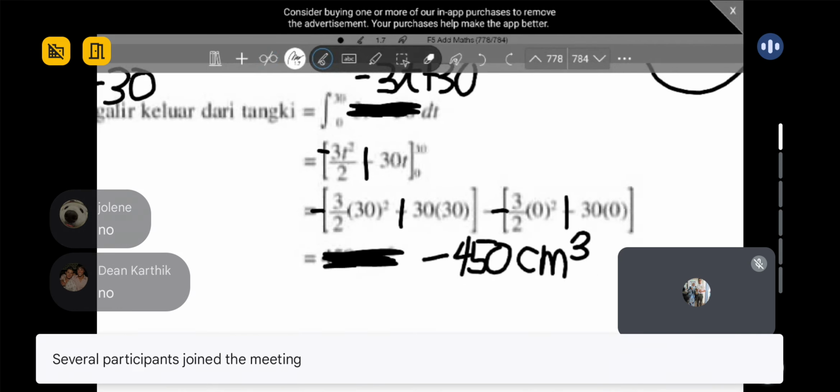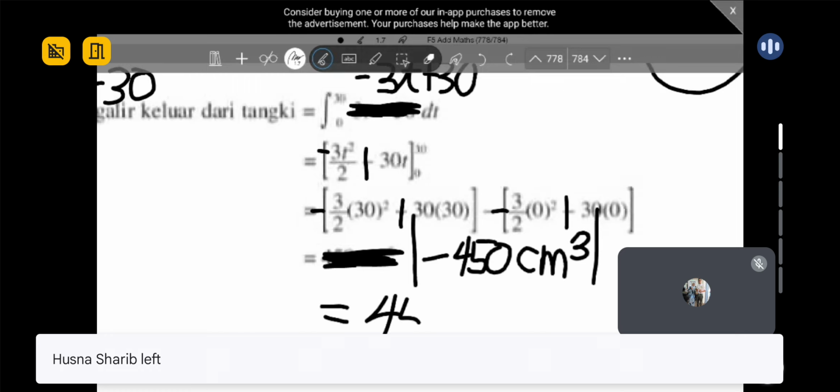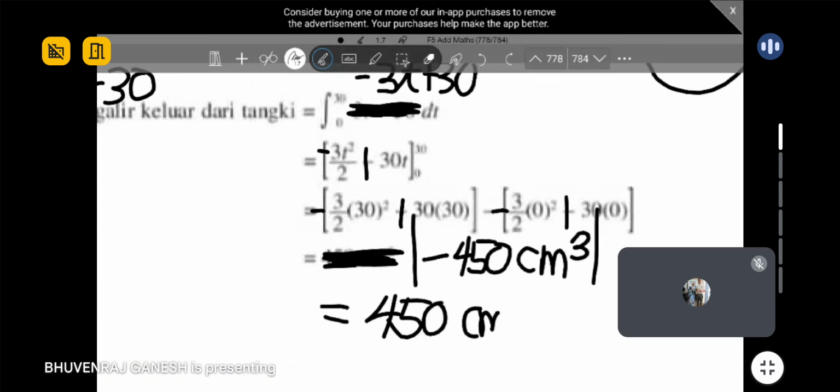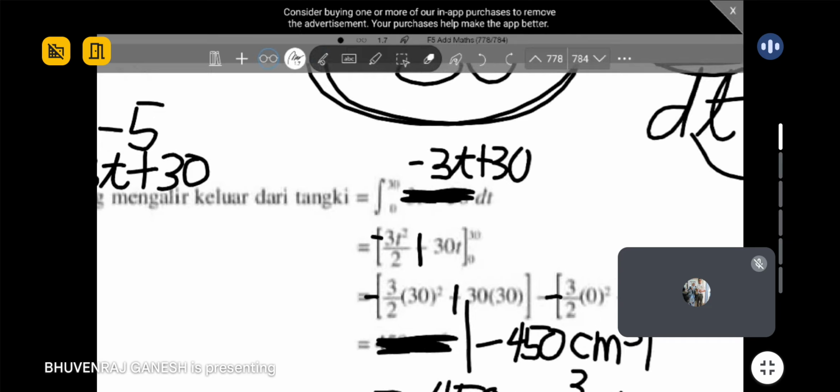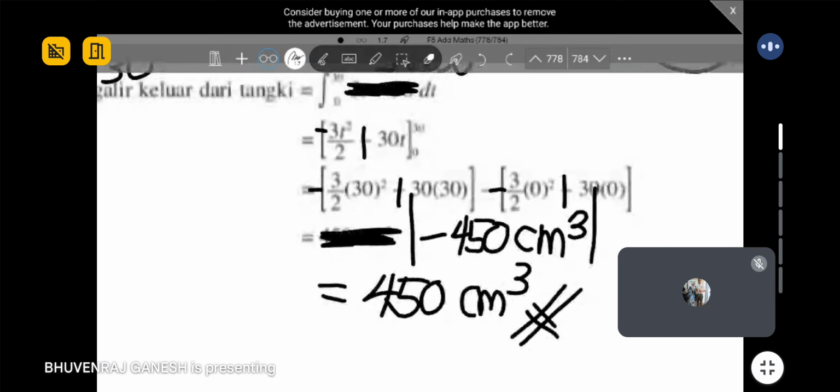So if you do this way, maybe you can just modulus, because you know the question. Your value is correct already, but you just modulus so that your answer will turn positive, if you add the negative sign. But if you never add the negative sign, tak tambah simbol negative, then selamat lah. You will directly get this answer.